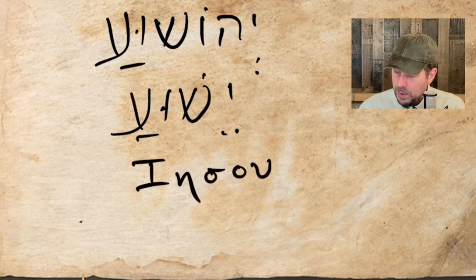Now, we do have one place in the Septuagint, I think it's Chronicles, there might be more than one, but just a few, where it's spelled Yeshua, with a little epsilon at the end, but that is the odd one out.